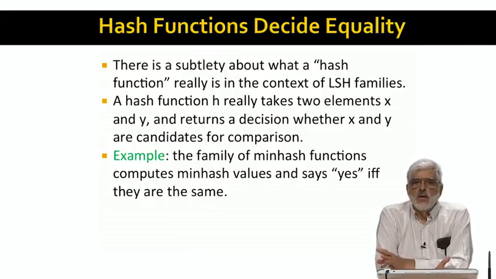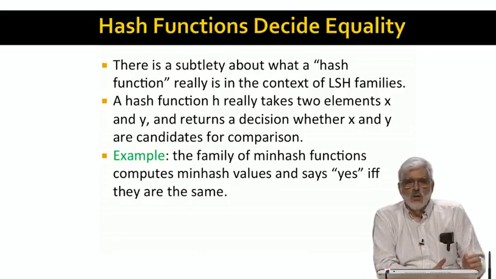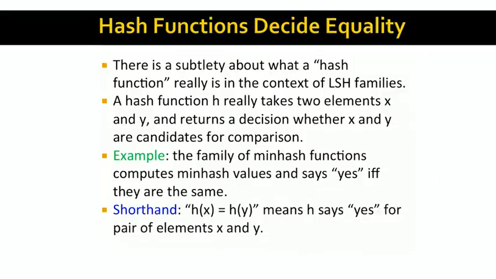However, the view we are taking now is more general, since there need not be a computation of values that are then compared. And as we shall see, we really need this generality. For example, we should look at LSH families that render their decisions by looking at many values and saying yes if there is at least one equality. However, to make things look more normal, we shall often use the expression h of x equals h of y to mean that h of x and y is yes.